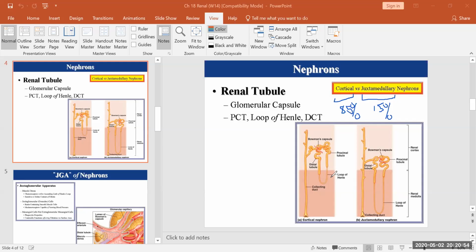And not only that, each loop of Henle has its own unique capillary bed that interacts with the loop. I'm going to use different colors here. The blue one is the peritubular capillary. The red one is the vasa recta.